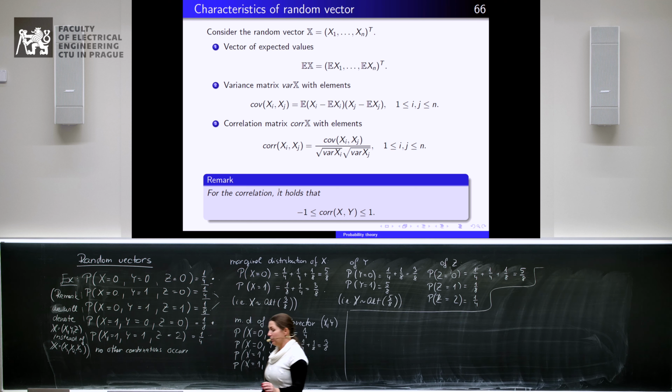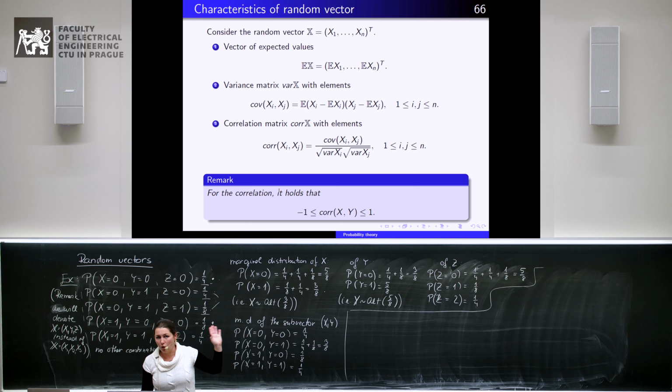So, when we studied random variables, we calculated usually two characteristics, the expected value and the variance. And we have some analogy to these characteristics in the case of random vectors. The expected value of a random vector is nothing other than the vector of expected values of all random variables in the vector.